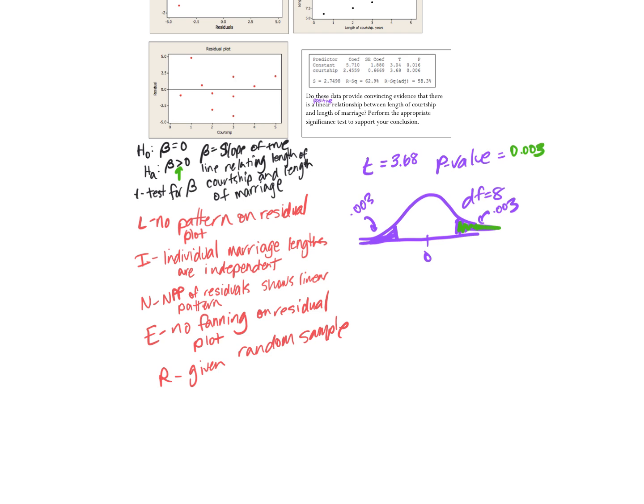Because the program that does this doesn't know what your hypotheses are, so it always just gives a two-sided. Okay. And then since 0.003 is less than 0.05, we can reject.